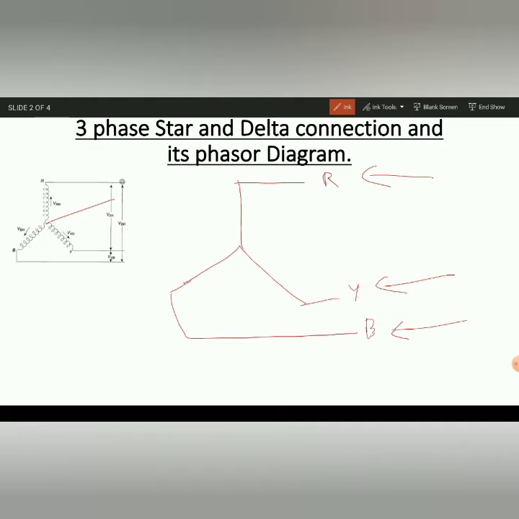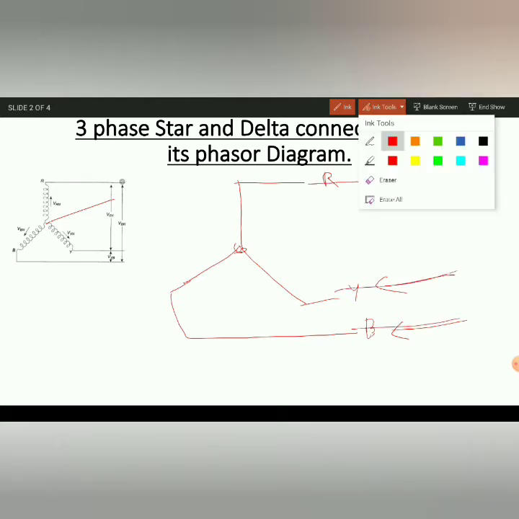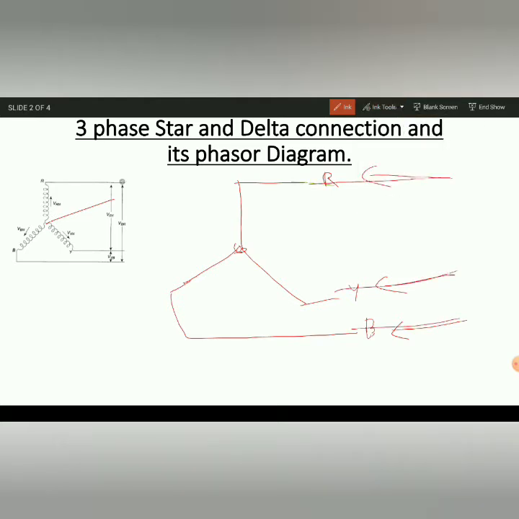If it is single phase, you give a single phase supply; if it is three phase, you give a three phase supply. So when we apply the supply to the motor, the line currents IR, IY and IB will flow.